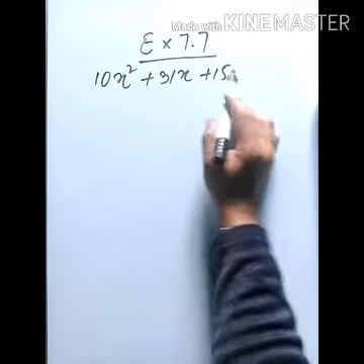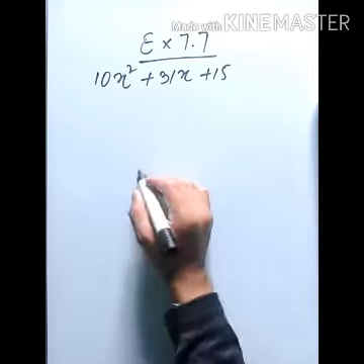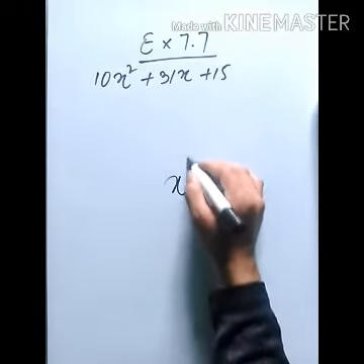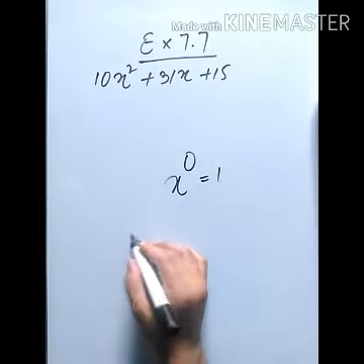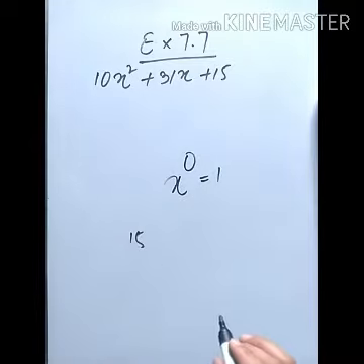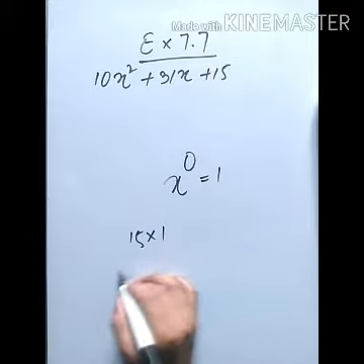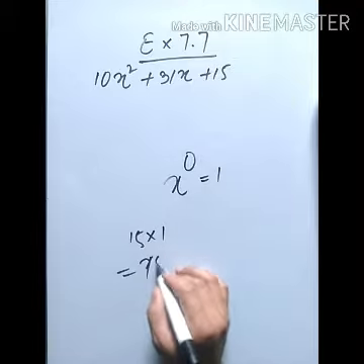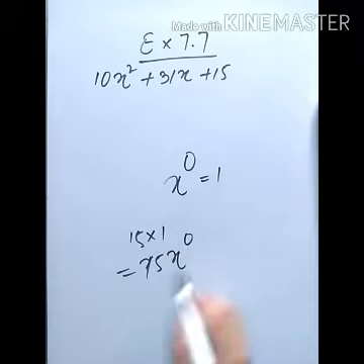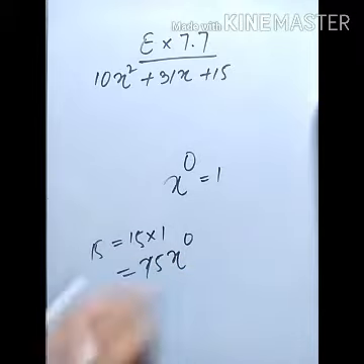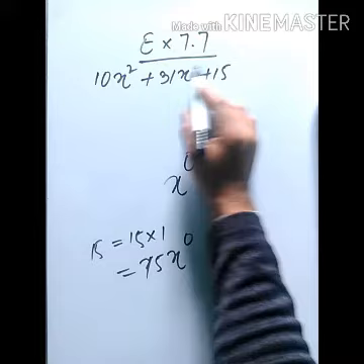Actually here the power of x is 0. I'll explain you why. x to the power 0 is equal to 1. So 15 means this is 15 into 1. So you can say here 15x to the power 0. So here 2, 1, then 0.